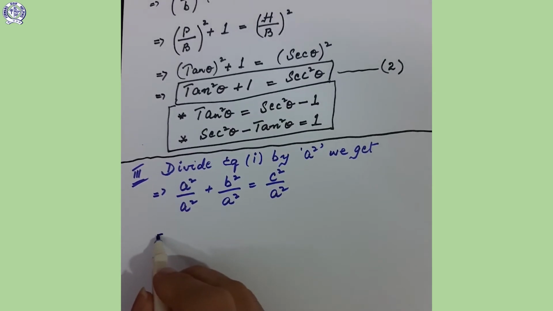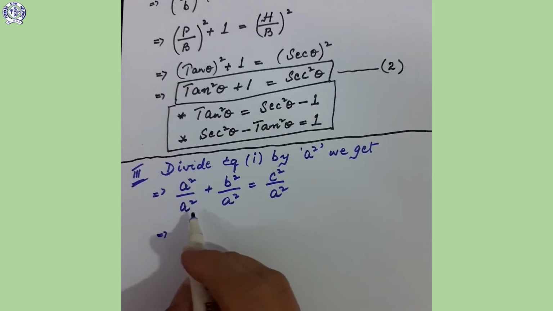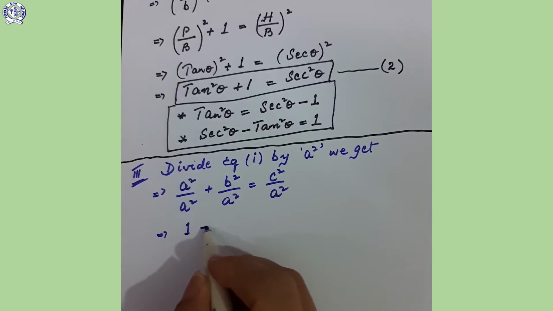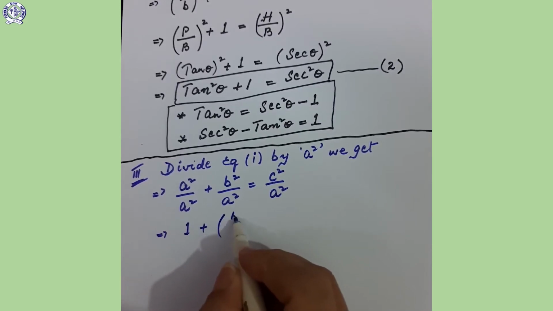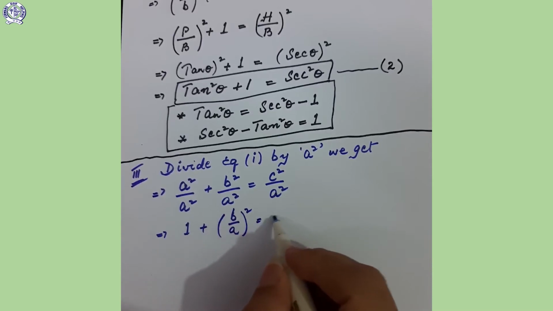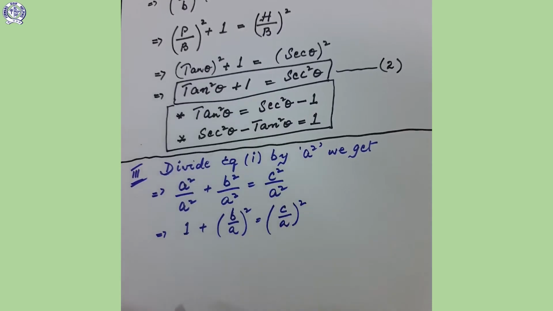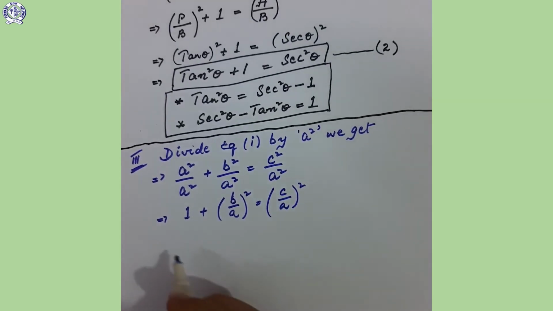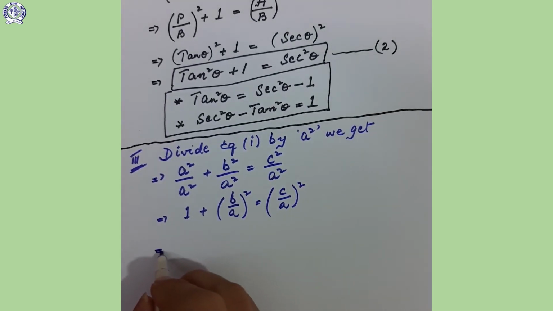Now rest is same. a square and a square cancel, so 1 plus this will change into b upon a the whole square equals this is c upon a the whole square. Now change it into perpendicular, base and hypotenuse.